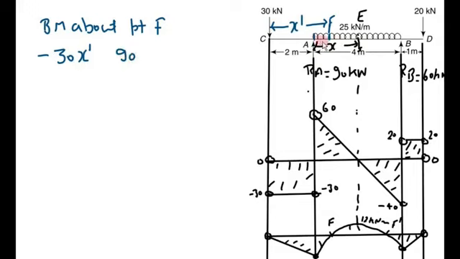It is at a distance of x dash minus 2, and it tends to rotate the beam in clockwise direction. It is positive. Last one is UDL. UDL is 25 kilonewton. It is at a distance of x dash minus 2 acting on. So this is the quadratic equation from the diagram.